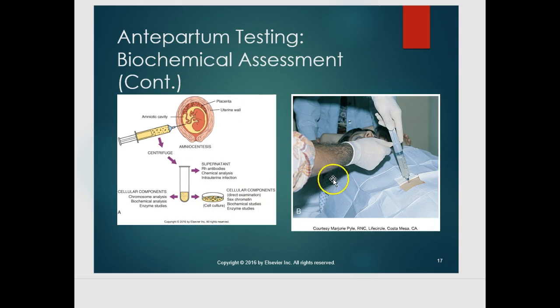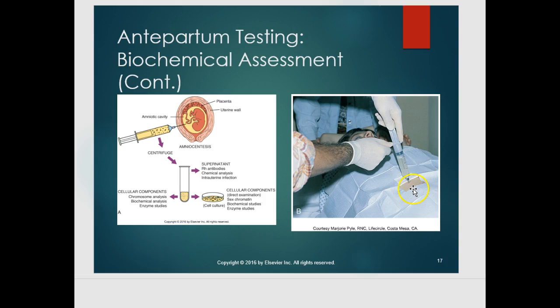This is just kind of how it works. You can see that she's draped sterilely. She has a drape on. She's cleaned. An ultrasound prior to insertion of this needle showed us where the placenta was. So the placenta should be well out of the way of the needle position.